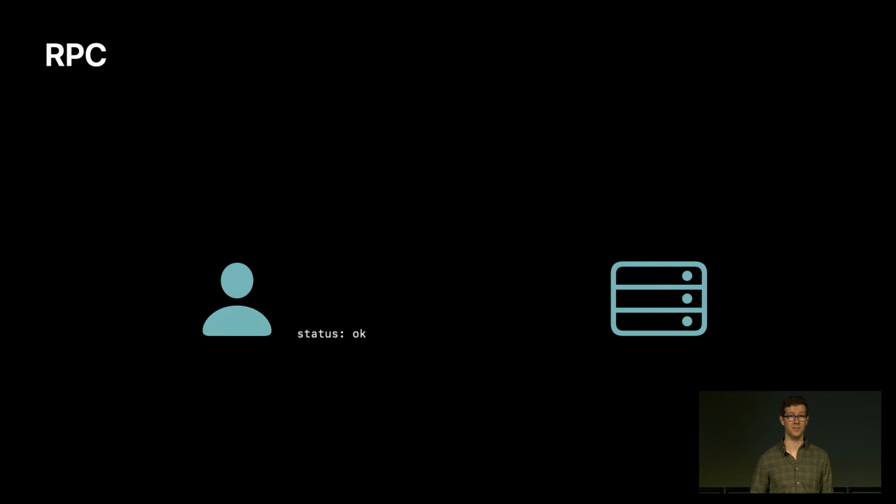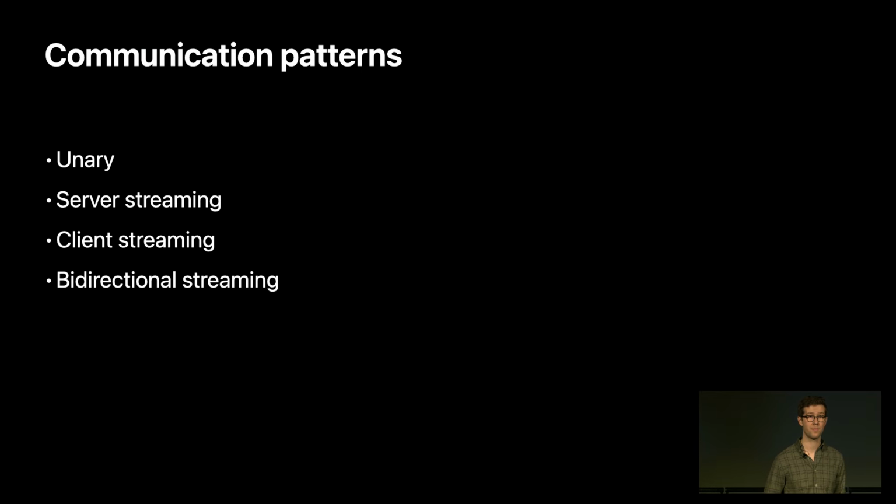The conversation ends with a status code, indicating the final outcome of the call. Most conversations are short, with the client and server each sending one message. But gRPC has first-class support for streaming, so conversations can be longer and more one-sided than this. And there are 4 communication patterns: unary, server streaming, client streaming, and bidirectional streaming.